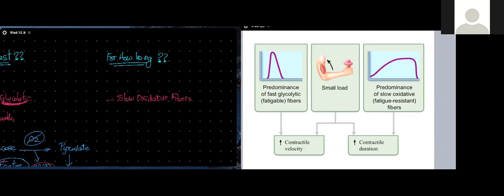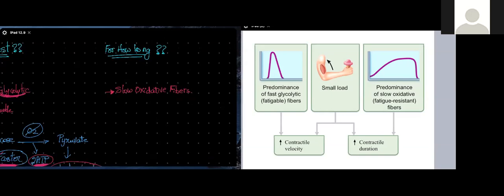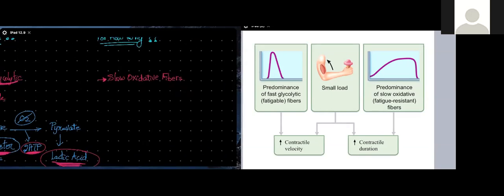So if I have a lot of those slow oxidative muscle fibers, would I have a fast or a slow muscle contraction? First, let's see here. They are breaking down the glucose mainly in the presence of oxygen. So in the presence of oxygen, I will be producing CO2, H2O, and a lot of ATP. A lot of ATP.